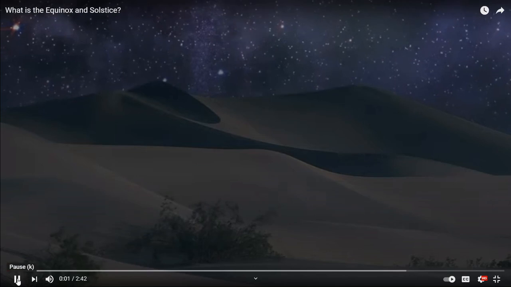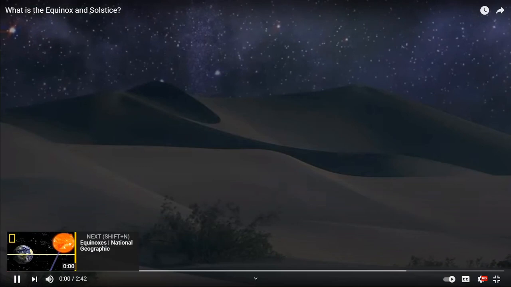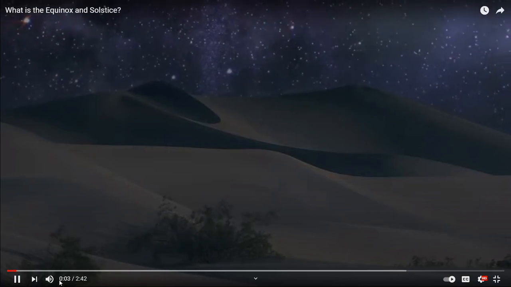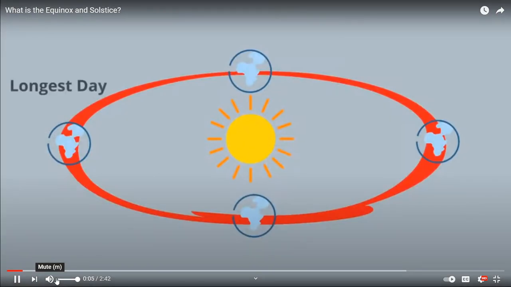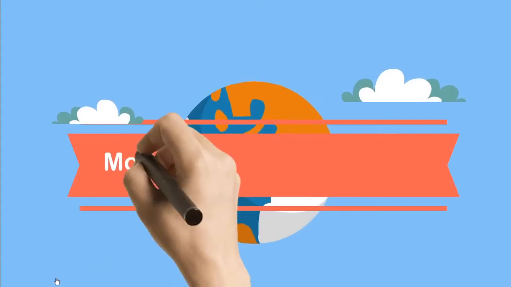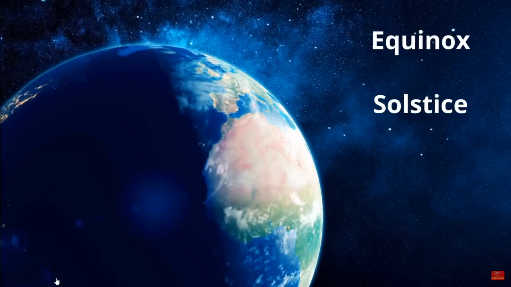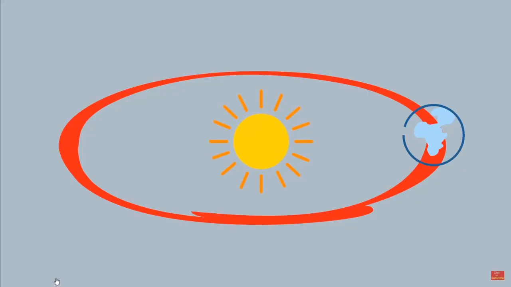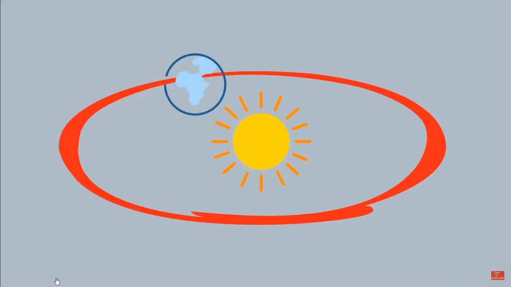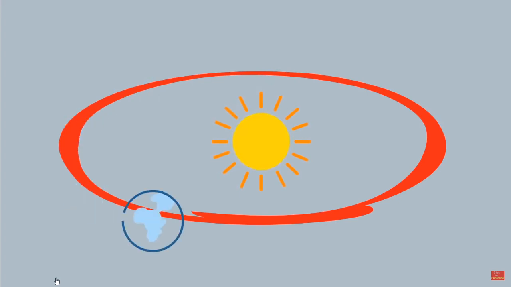For early astronomers, it was easy to figure out which day of the year was the longest, which day of the year was the shortest, and which days appeared equal. Welcome to Moo Math and Science, and what happens on the equinox and the solstice. Because the Earth is tilted at a 23.5 degree angle and also rotates and revolves around the sun, the length of the day varies throughout the year.